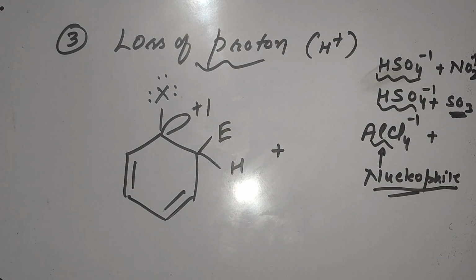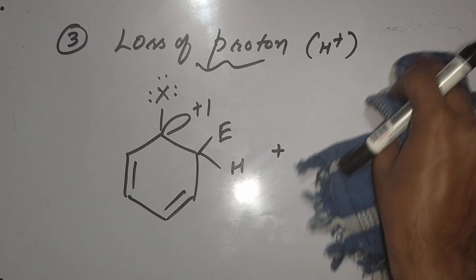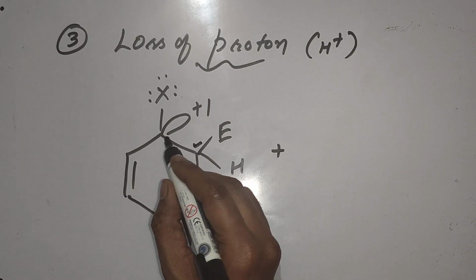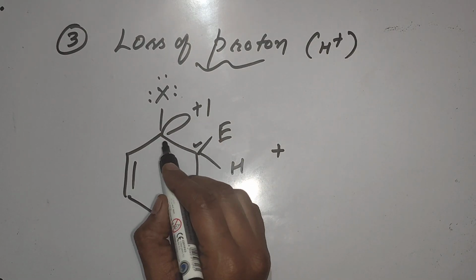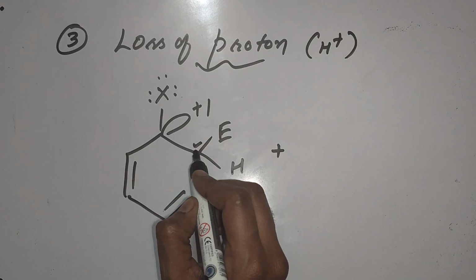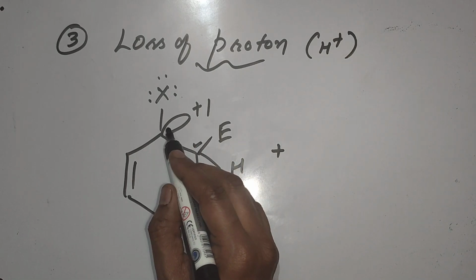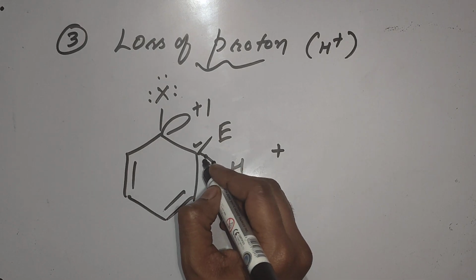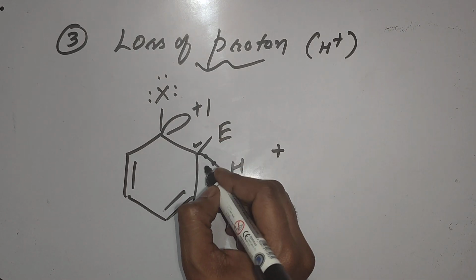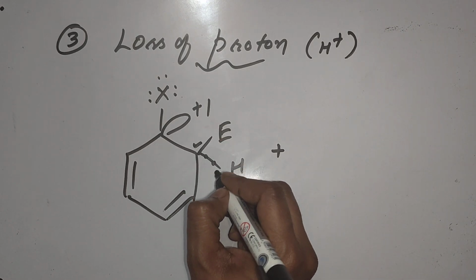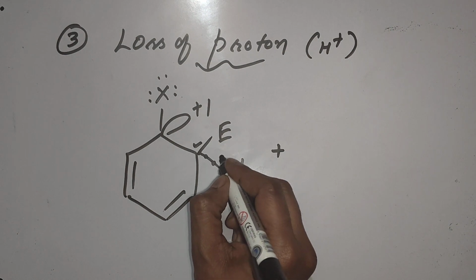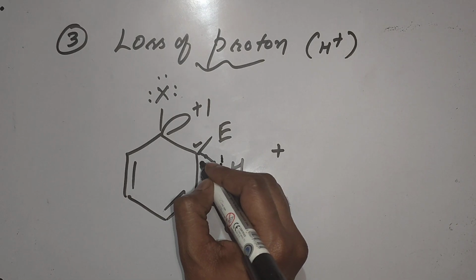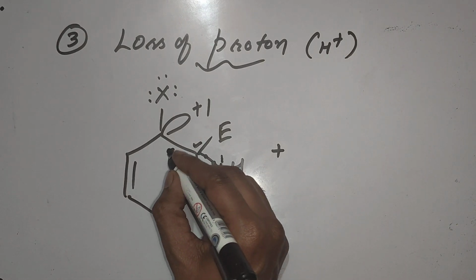Now, watch carefully. This carbon made this benzene ring unstable because it shifted pi electrons and provided them to E, due to which the carbocation was generated. Now, this carbon will help it to regain stability. How? It will break the bond from this hydrogen. Obviously, both electrons will go toward carbon because carbon is more electronegative than hydrogen, and give these electrons back to the benzene ring.